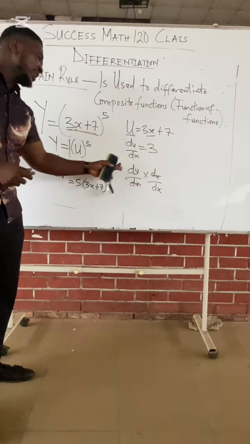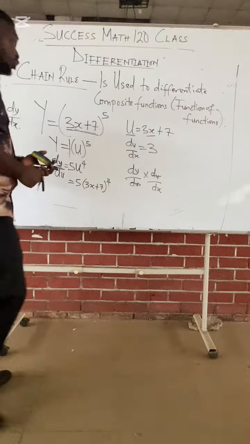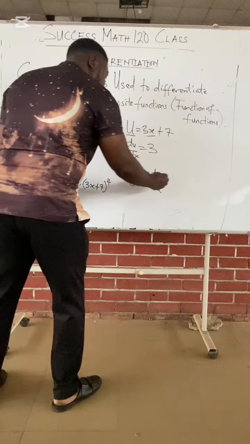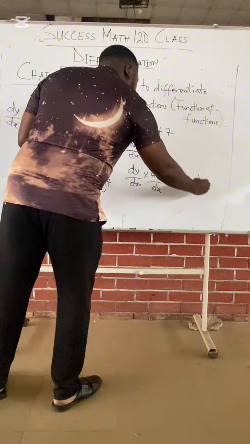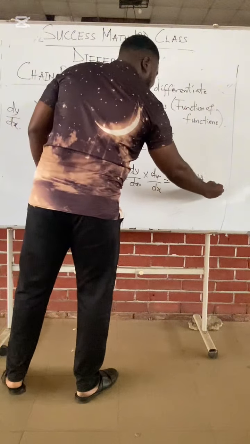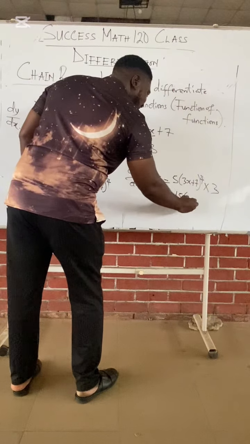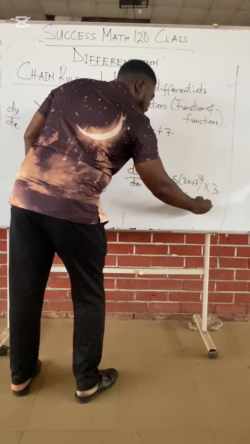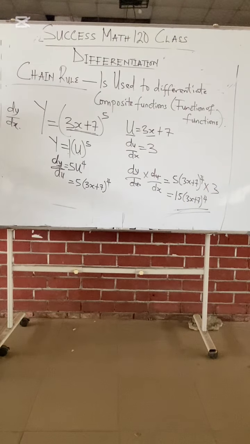So I've proven that dy/du times du/dx gives me my answer. Do we have dy/du? Yes, dy/du is 5 into bracket 3x plus 7 raised to power 4. Do we have du/dx? du/dx is 3. What is 5 times 3? 15 into bracket 3x plus 7 raised to power 4. Is it a bit better now?